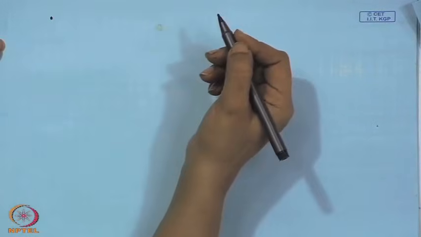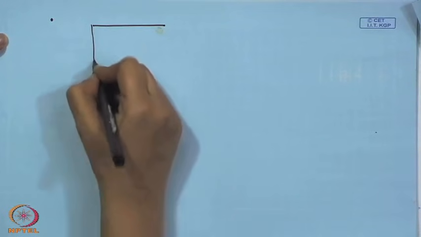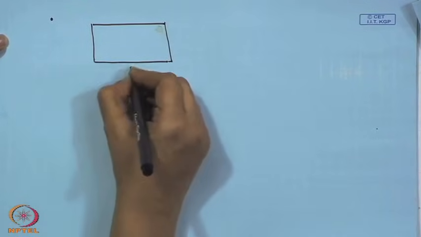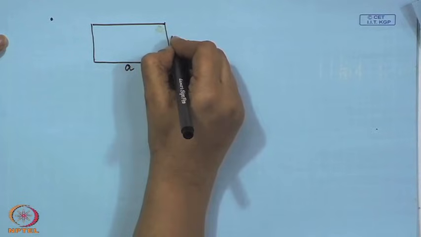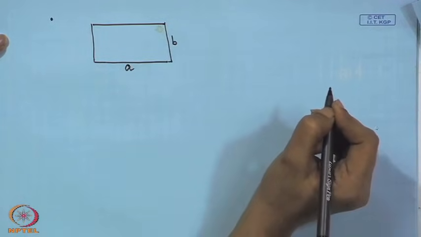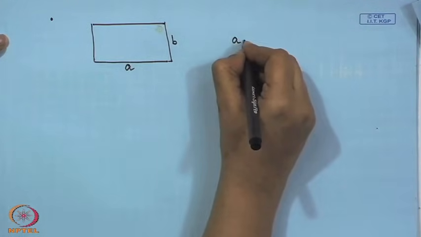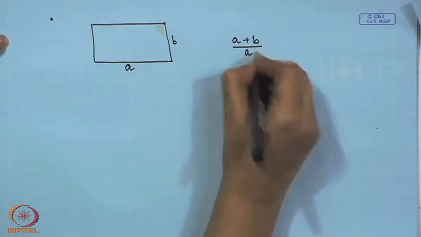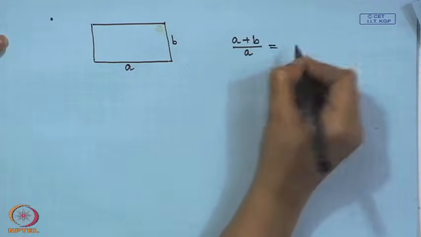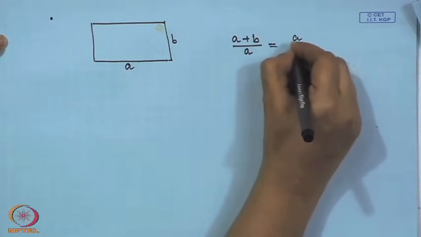If we just look back at the history of the golden ratio, we will see that ancient Greek architects believed that if we consider a room where the larger side of the room is A and the smaller side of the room is B, the room has a pleasing property if the ratio of the whole to larger is equal to the ratio of the larger to smaller.